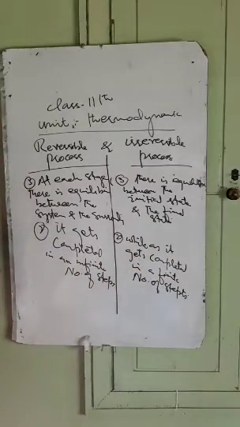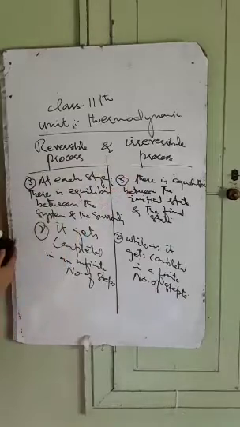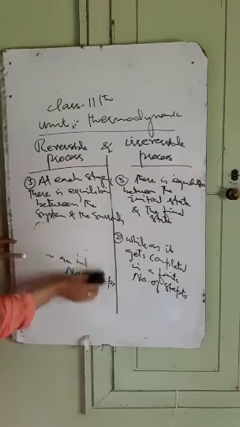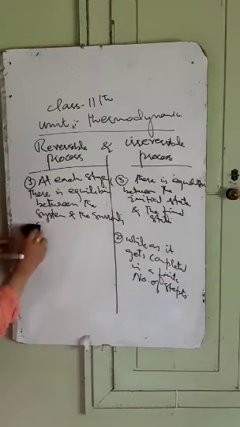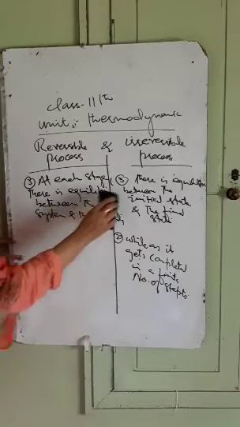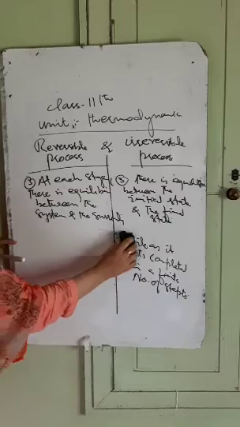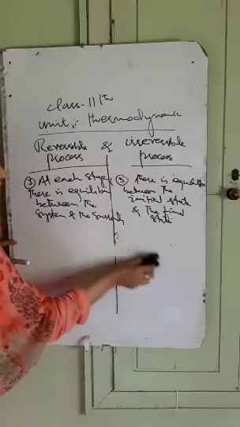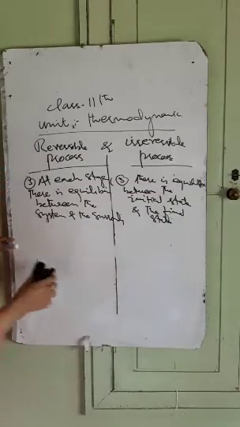Maximum work is done in case of the reversible process, while minimum work is done in case of irreversible process. Why? Because the reversible process takes a large number of steps, while in case of irreversible processes, the process gets completed in a finite number of steps.